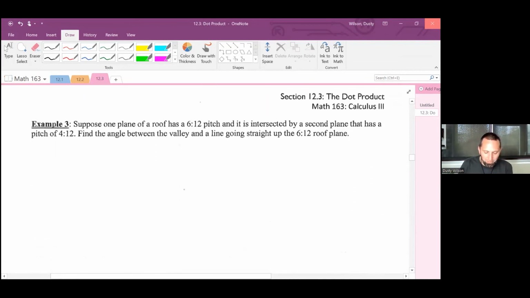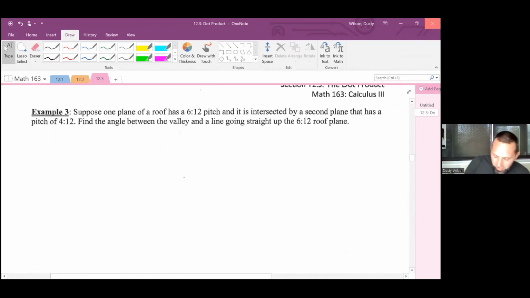So suppose one plane of a roof has a 6/12 pitch, and it's intersected by a second plane that has a pitch of 4/12. Find the angle between the valley and a line going straight up the 6/12 roof plane. So we need 2 vectors.